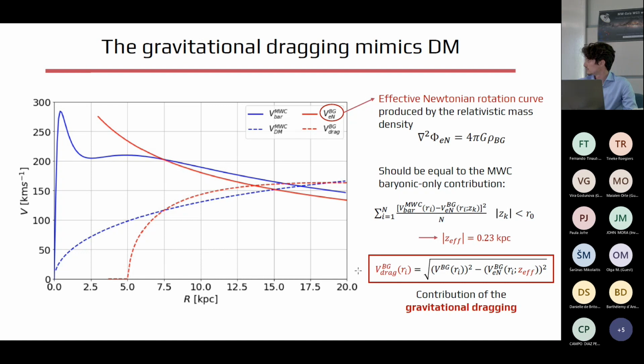The gravitational dragging contribution is therefore given by the difference between the relativistic rotation curve and the effective Newtonian rotation curve, and we clearly see that the gravitational dragging mimics the dark matter contribution pretty well, without need of extra mass, but only thanks to the background geometry of the space-time.